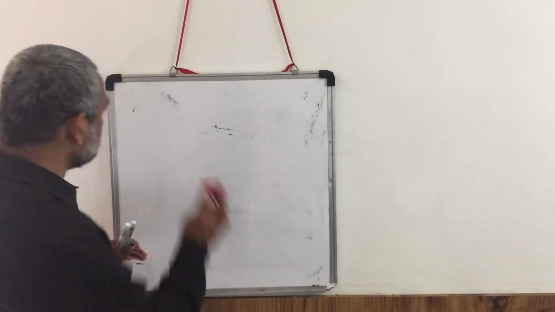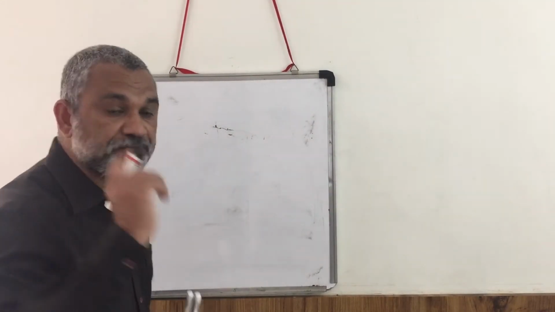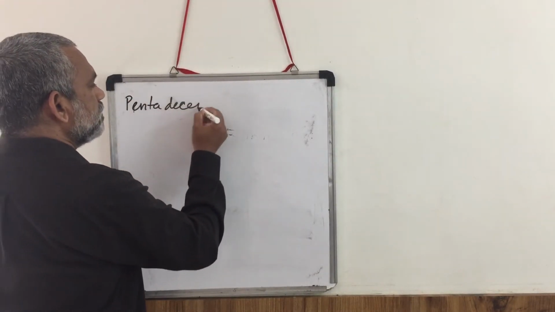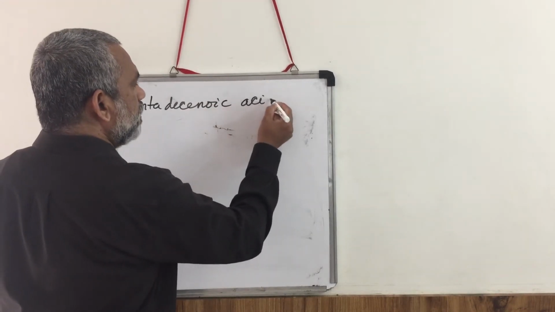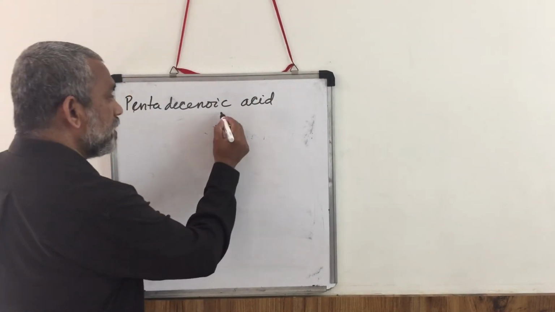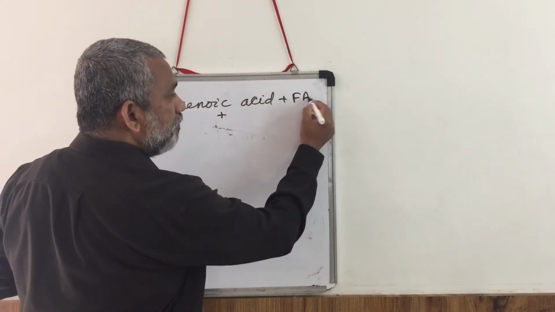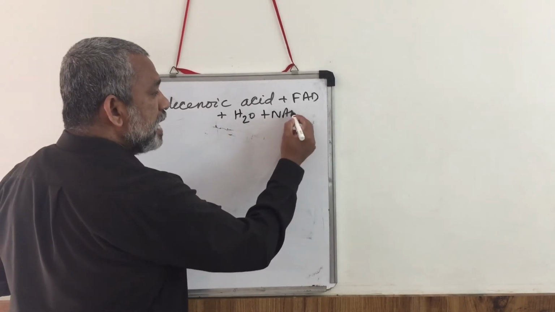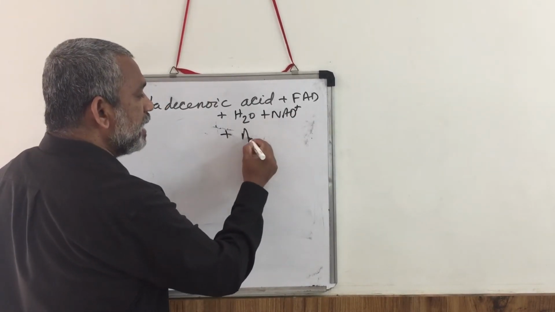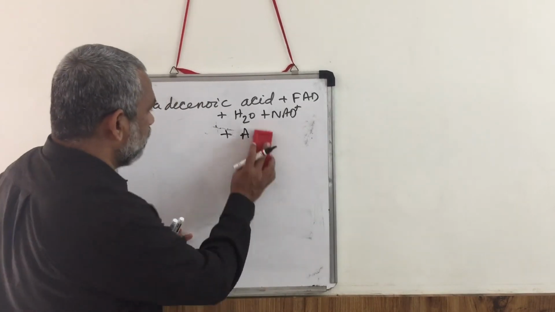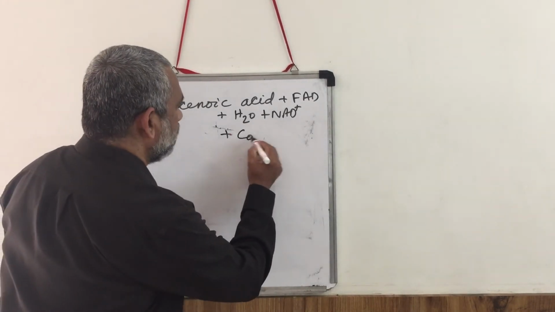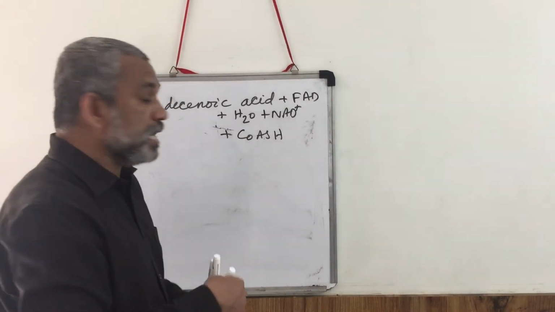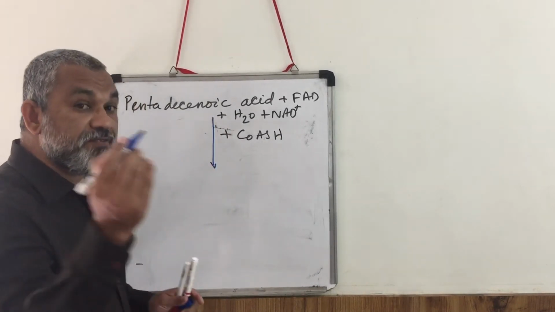The thing that we are assuming now is that we are starting with a 15 carbon fatty acid. So let us write pentadecenoic acid. In step number 1 we added an FAD, in step number 2 we added a molecule of water, in step number 3 we added an NAD plus, and in step number 4 we added a coenzyme A. And what did we get in return?